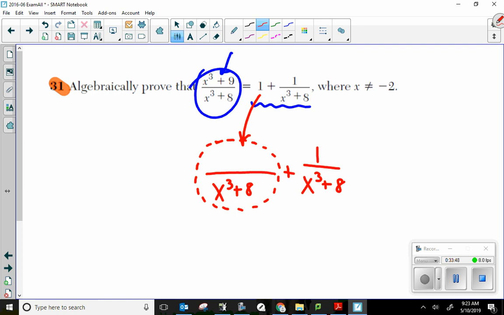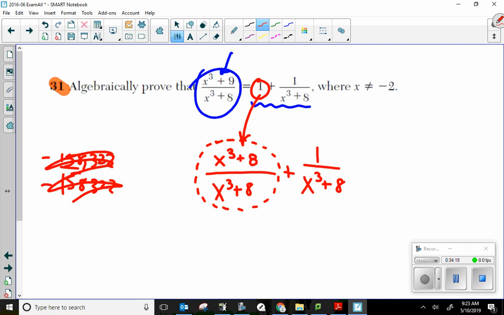Anything over itself is 1. 5 over 5 is 1. 15 over 15 is 1. -15 over -15 is 1. I think you understand the point. I'm just being elaborate. As long as the top and bottom are the same, it's 1. So if the bottom here is x cubed plus 8, the top has to be x cubed plus 8. That is now equal to 1, okay?